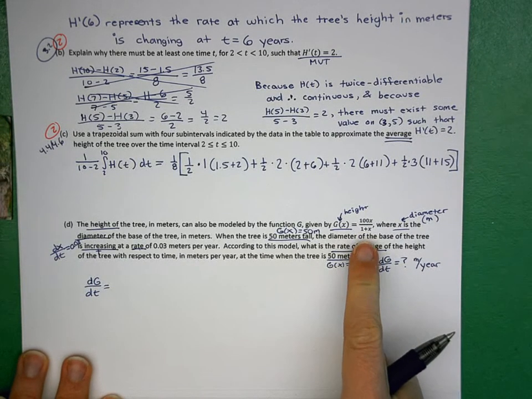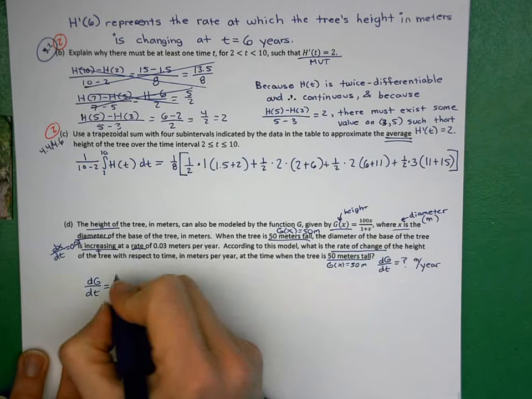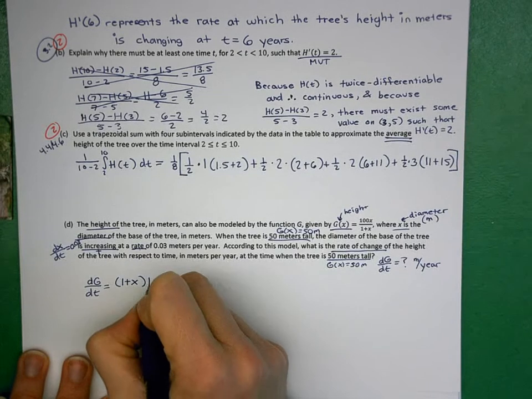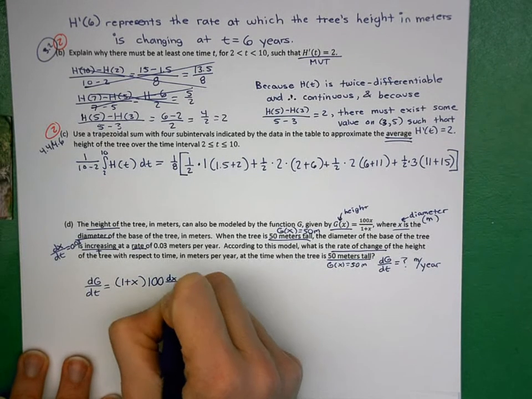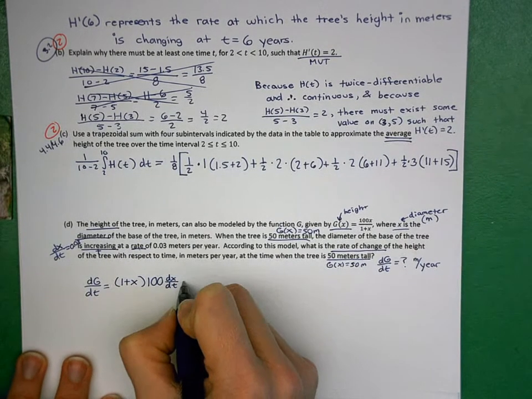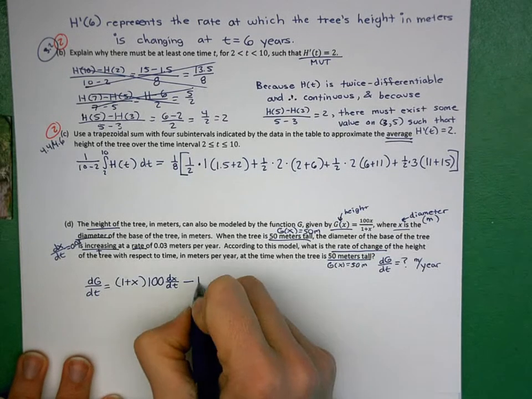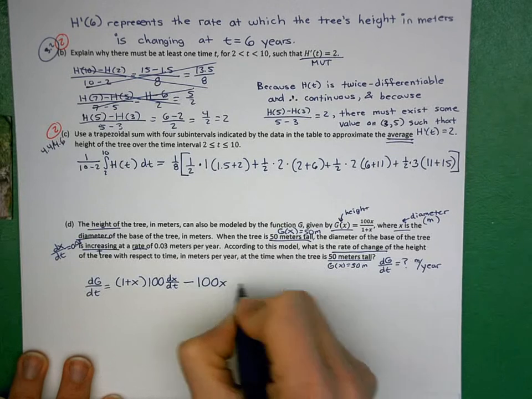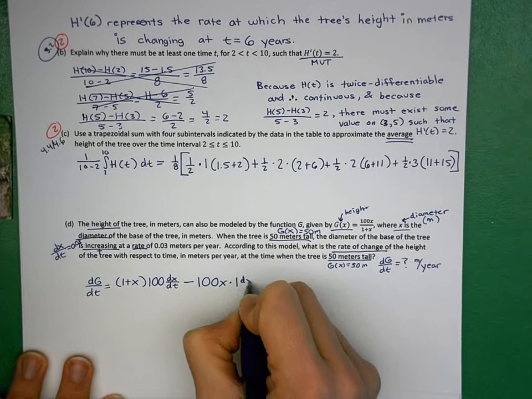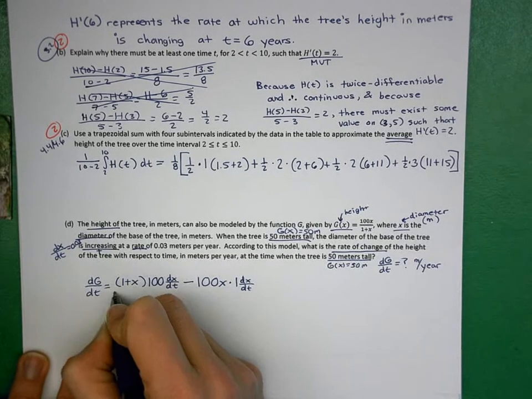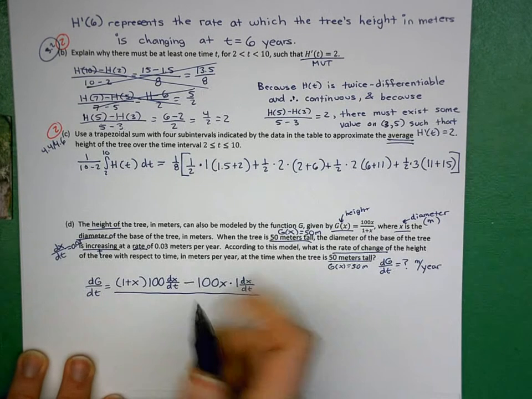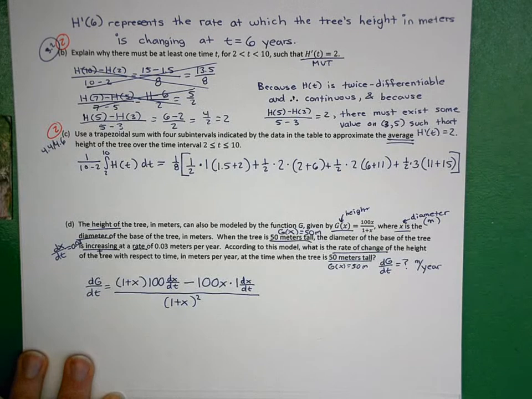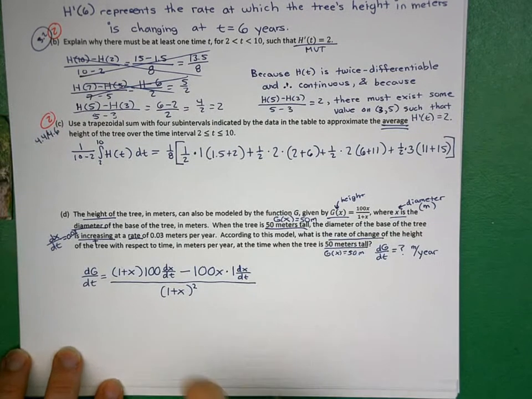So low, which is 1 plus x, d high, which is 100, and then I just took the derivative of an x, so dx/dt, minus high, which is 100x, d low, derivative of 1 plus x is just 1, and then dx/dt, all over low squared, 1 plus x squared. Okay. For the record, you just earned 2 points by being able to take the derivative of this function.